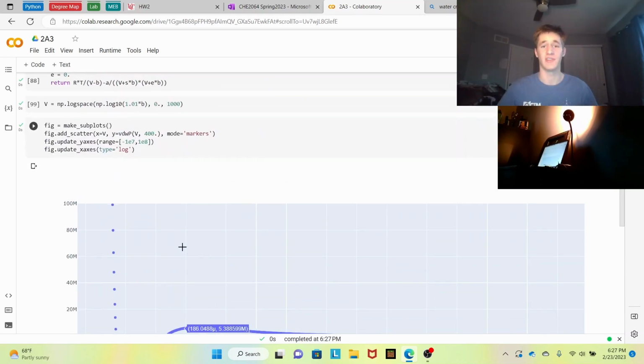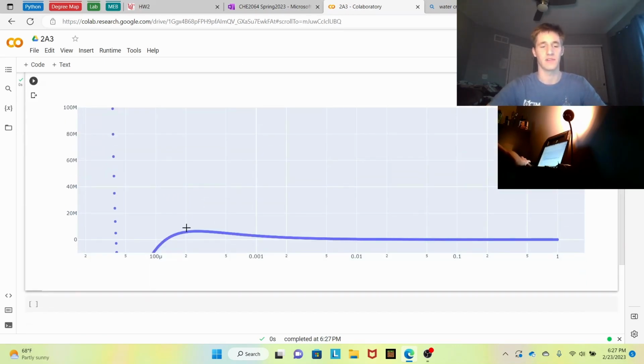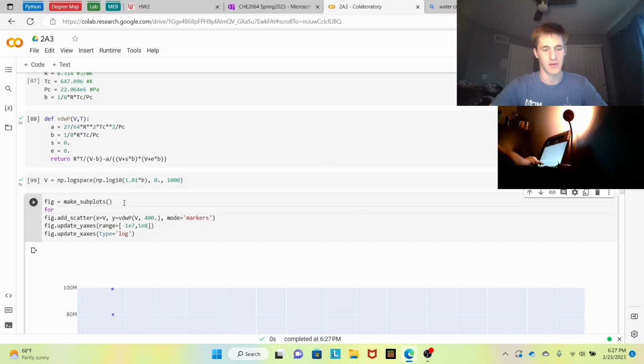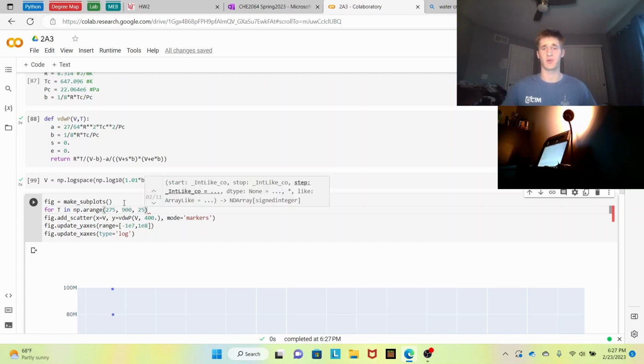But now what we want to do is actually show that difference. We want to show a range of different temperatures. So I can make here for T in np.arange, right? So we want a range, and that is 275 Kelvin to 900 Kelvin. We will go by increments of 25.